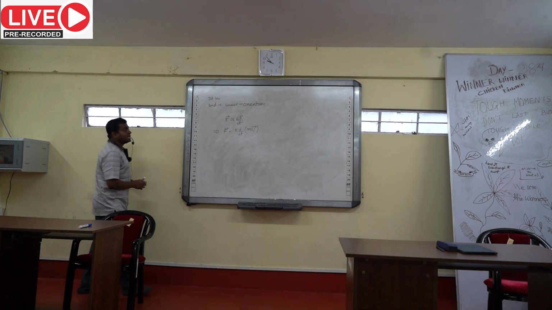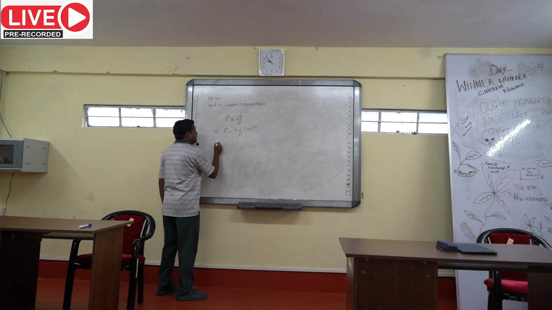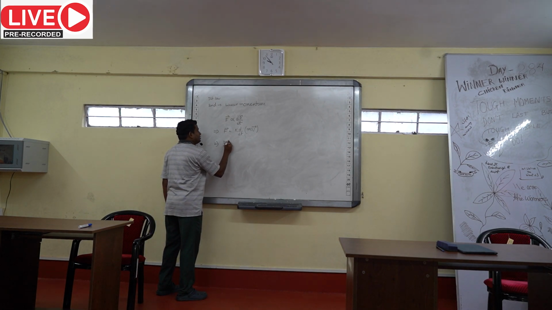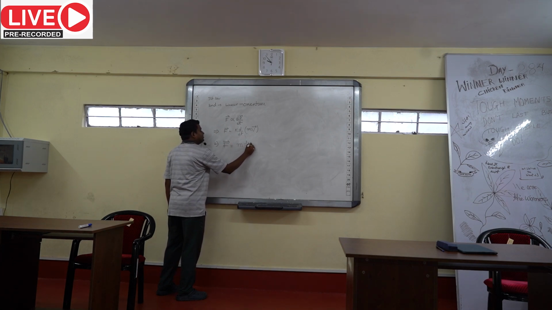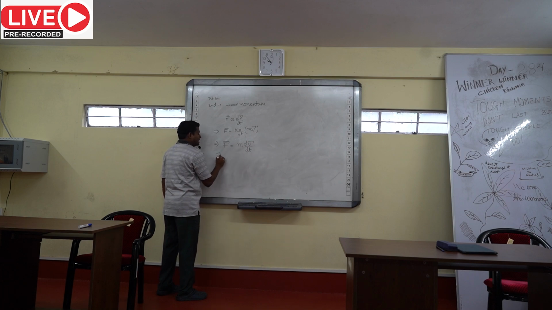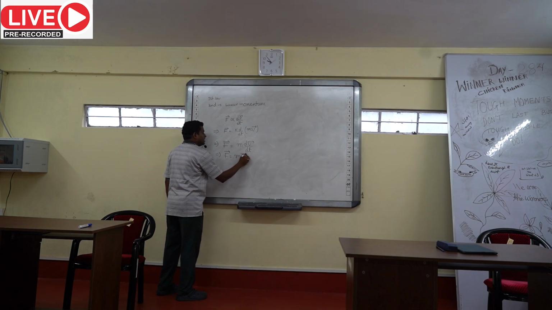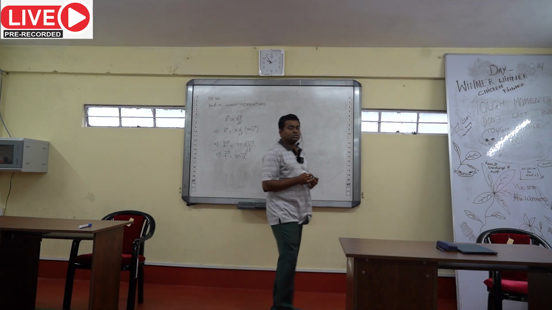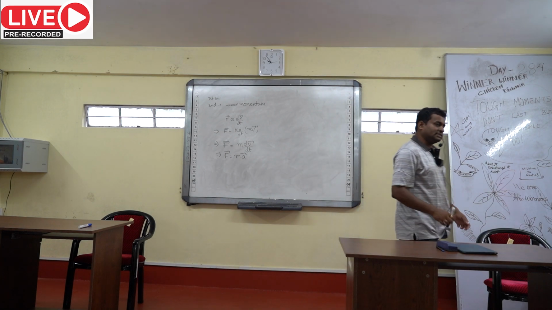Then by defining K equal to 1, we can write F equal to d/dt of mv. I consider first the mass constant, it will become m dv/dt, which can be written as F equal to m a. Force equal to mass into acceleration.